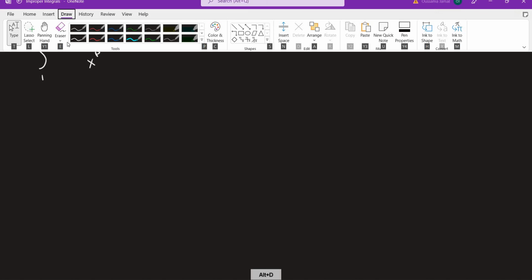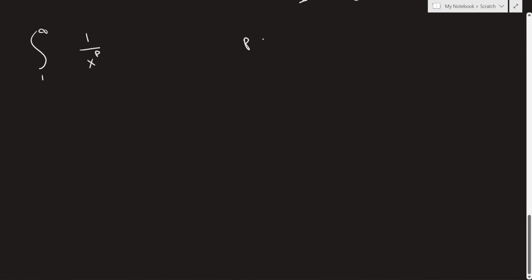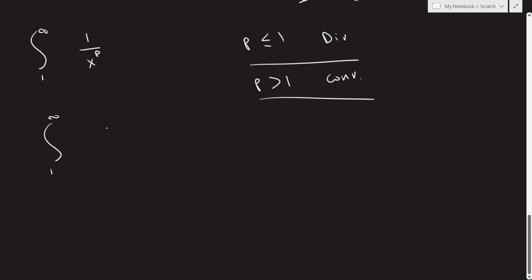All right. So this is simply a rule where if p is less than or equal to 1, it's going to be divergent. And if p is greater than 1, it's going to be convergent. So let's check this rule. So if we have 1 to infinity, 1 over x power negative 2, the integration of x power negative 2 is x power 2 plus 1 over 2 plus 1, which will be x power 3 over 3.